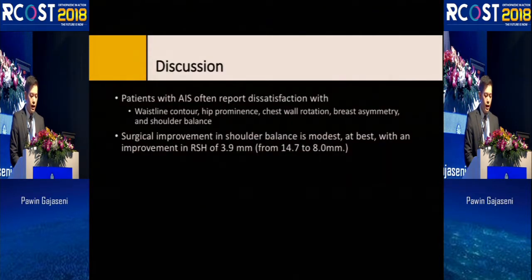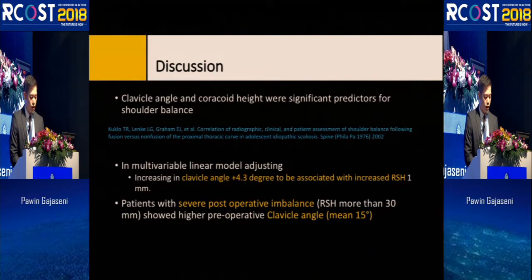So patients with AIS often report dissatisfaction with the waist contour, hip, chest wall rotation, breast, and shoulder balance. As demonstrated by this study, the surgical improvement of the shoulder balance is around 3.9 millimeters, ranging from 14 to 8 millimeters postoperatively.